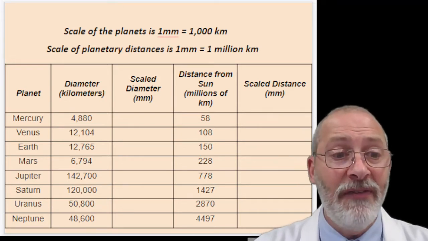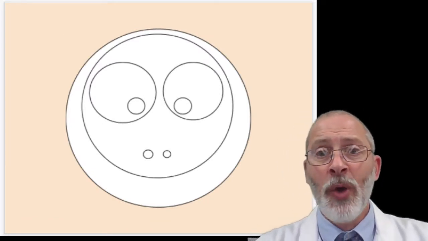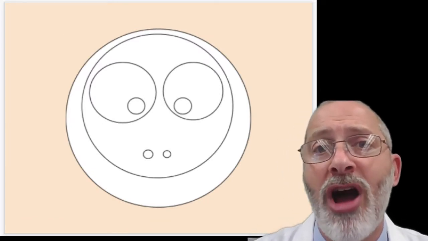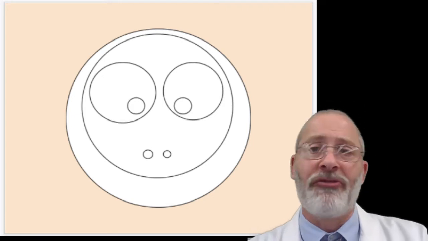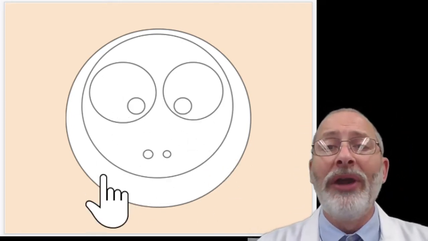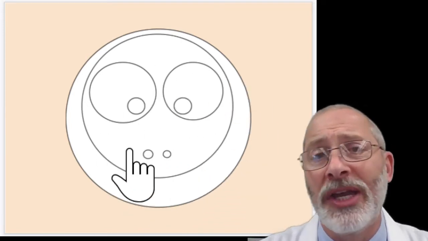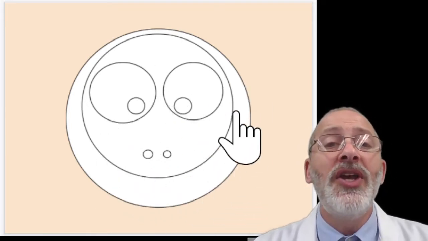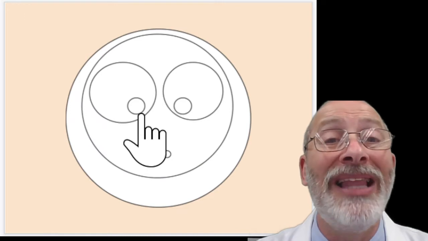And I have given you on the next page what looks like a cute frog face. It's not a cute frog face, however, ladies and gentlemen. All of those circles oriented in a way that looks like a cute frog face, these are the scaled sizes of the planets.